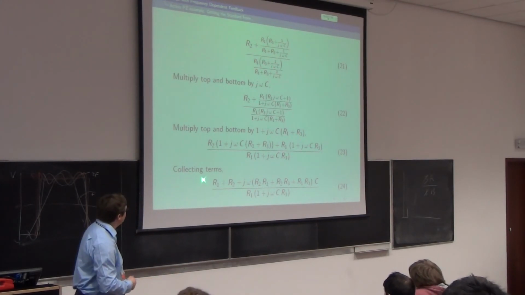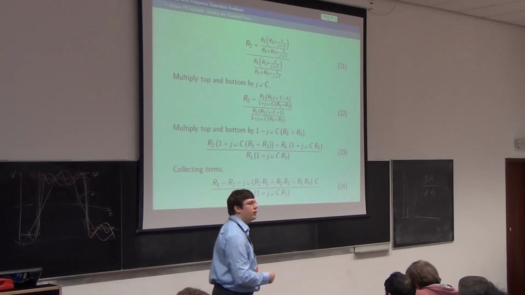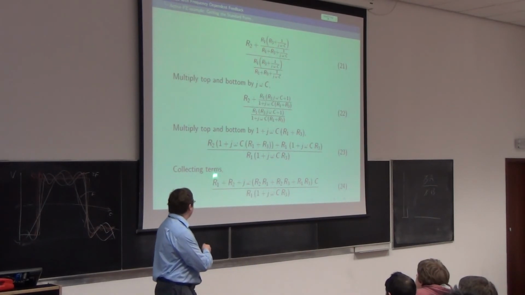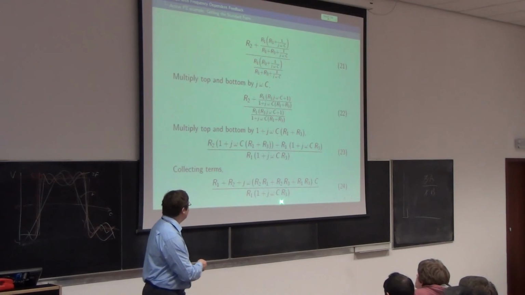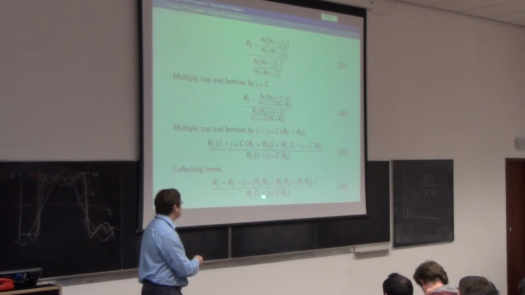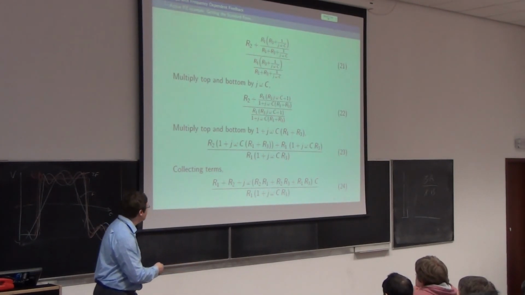So if we collect up the terms, I'm essentially collecting terms in S now, but I'm calling it j omega. So I've got some terms that are in S to the 0, which is R1, and I've got some terms in S to the 1, which is C R3, really.